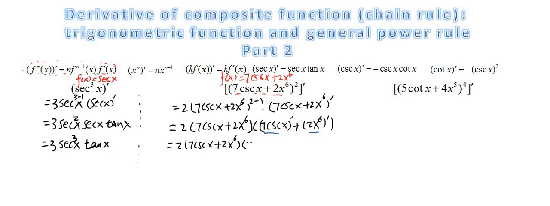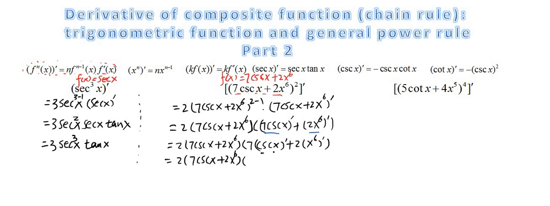Here we keep the constant the same and only take the derivative of the function. Similarly, we keep the constant here, and take the derivative only of the function. We can simplify it. 7 cosecant x plus 2x to the power 6.